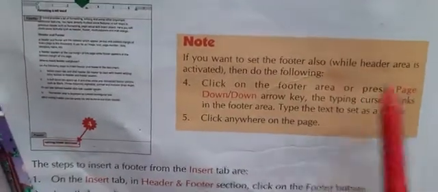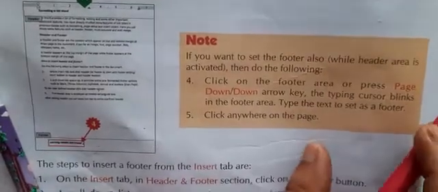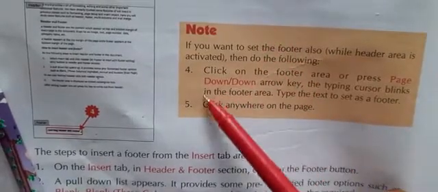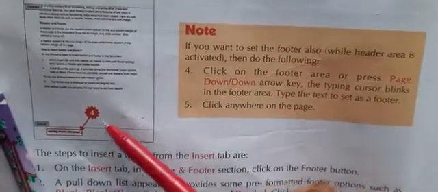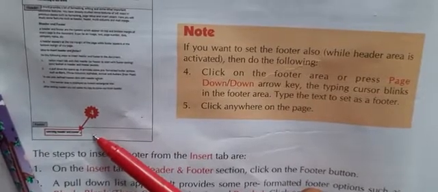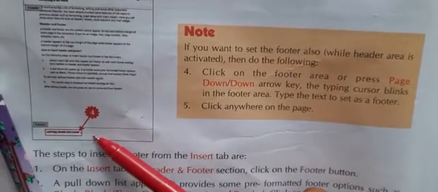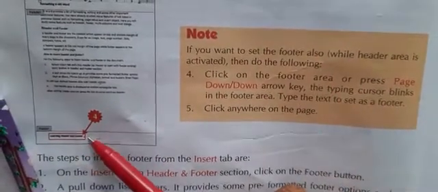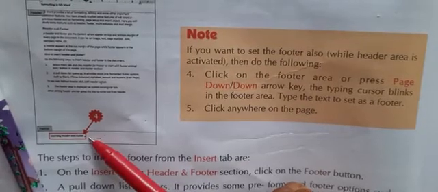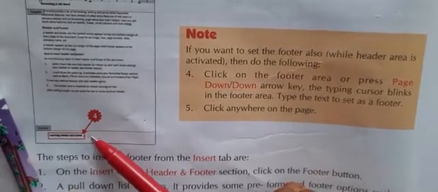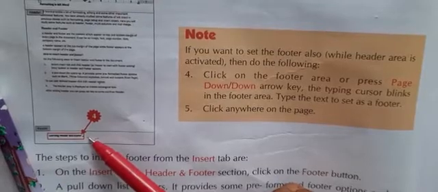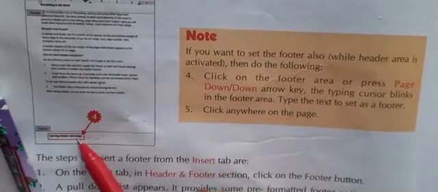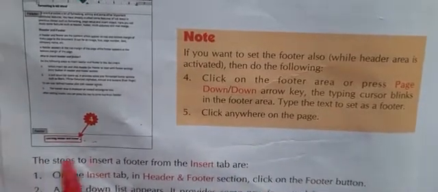If we want to set the footer and header both on a page, what will we do? We will insert the header, then we will click on the footer area of the page. Where is the footer area? It is the bottom page margin. So we will click on the footer area, or we will press the Page Down arrow key, then a cursor will blink at the footer area.